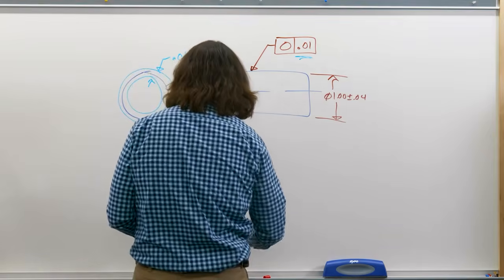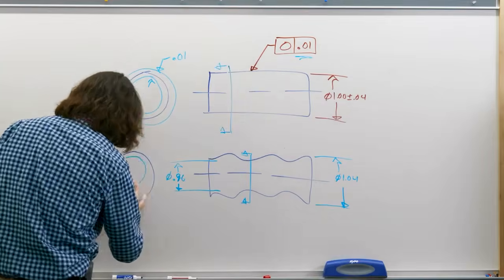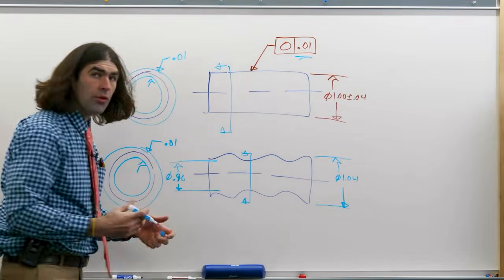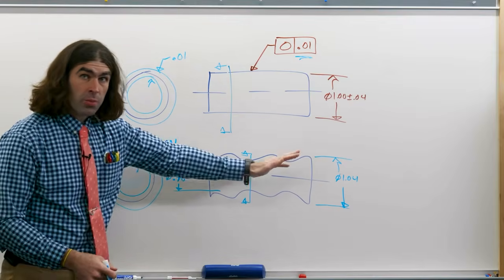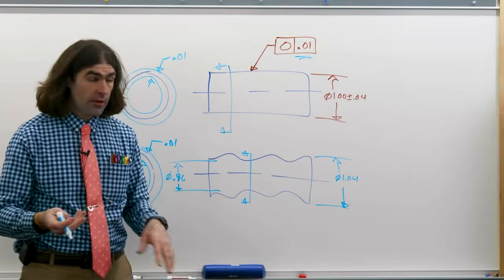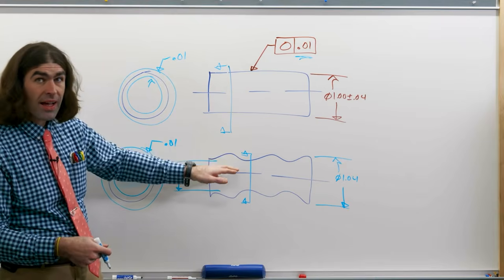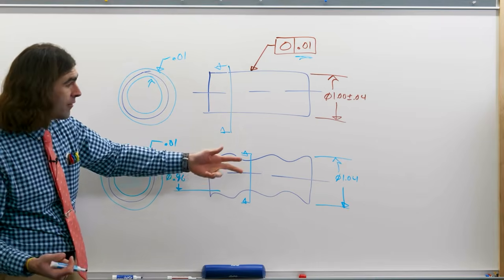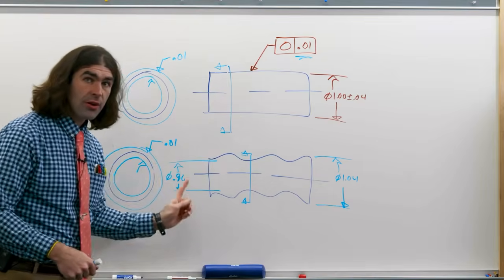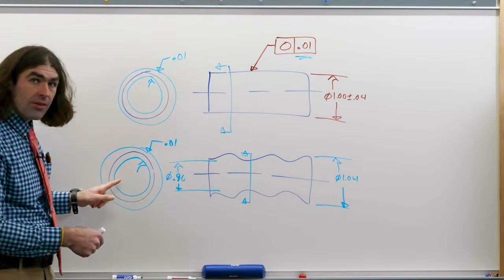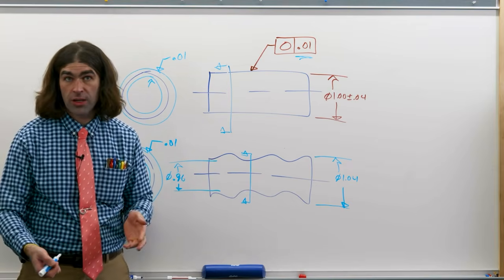So you could end up with a part that looks like this, right? The length of the part can use the entire size tolerance. So this whole 80 thousandths, so the difference between the high and the low points can be 40 thousandths. So the surface can use the entire tolerance here in this direction, but as long as each cross section is circular, the part is considered good to go, okay?